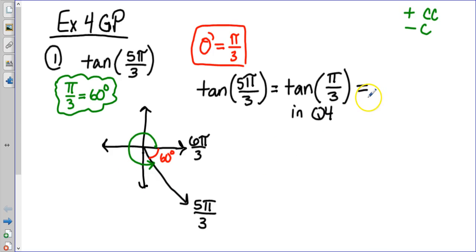From our new definitions this morning, instead of opposite over adjacent, we are now going to think of tangent as y divided by x. So this is the moment where we can decide about signs. So when I look in quadrant 4, ask yourself, is y going to be positive or negative? And I'm hoping we're thinking negative, because to get to any point here on this angle, I'd have to go down.